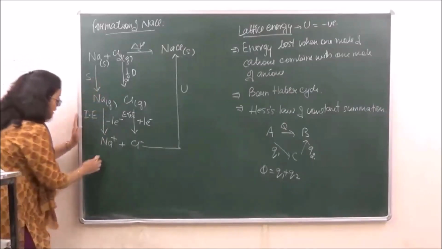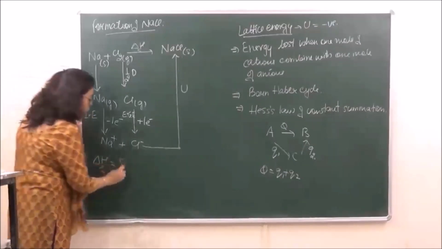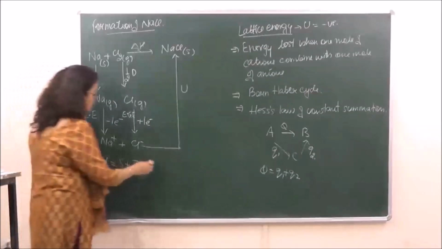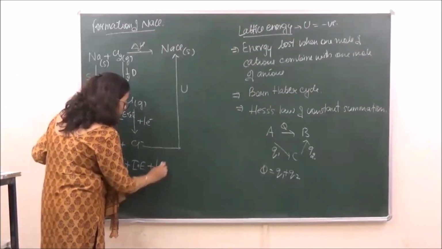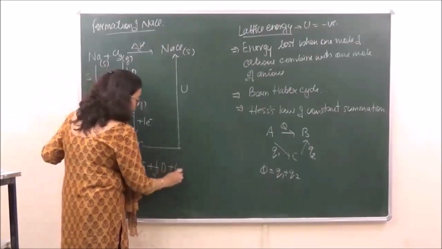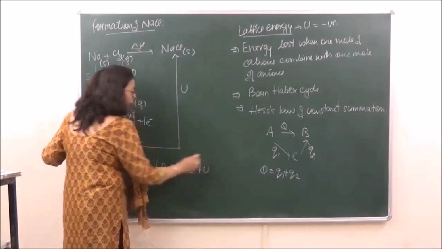Okay? So we have delta HR equal to sublimation energy plus ionization energy plus half of dissociation energy plus electron gain enthalpy plus lattice energy.